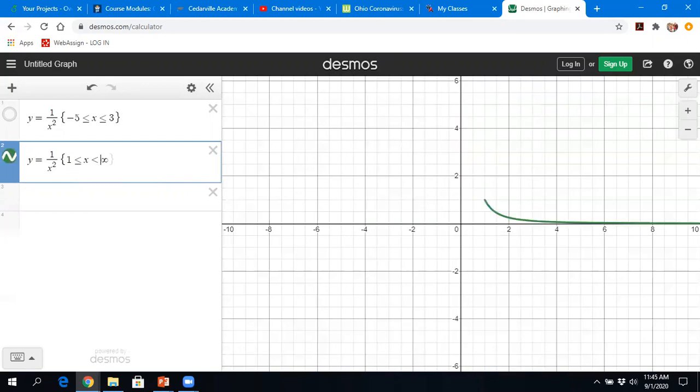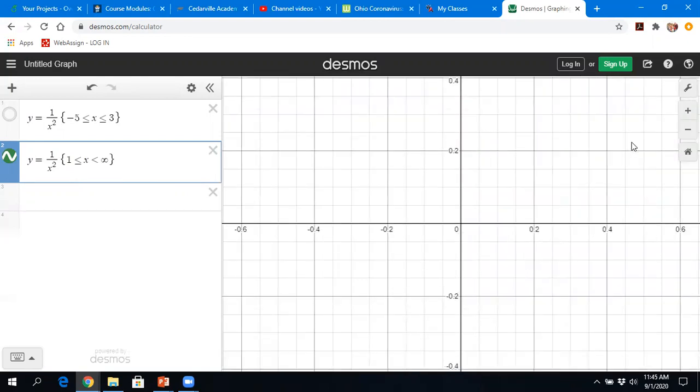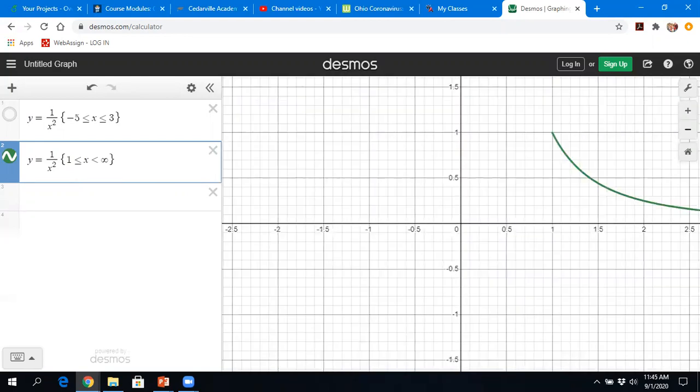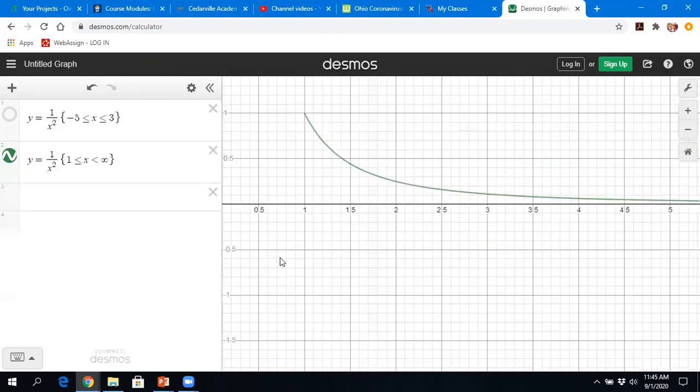So here's what this thing looks like. Oops, I zoomed in way too much. Okay. So apparently this right here races towards the asymptote of the x-axis fast enough that it prevents the overall area from accumulating to infinity.